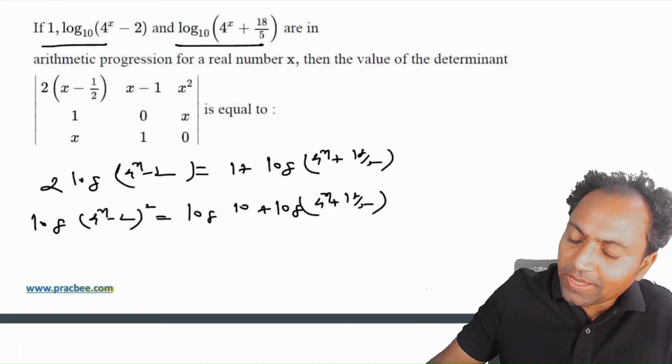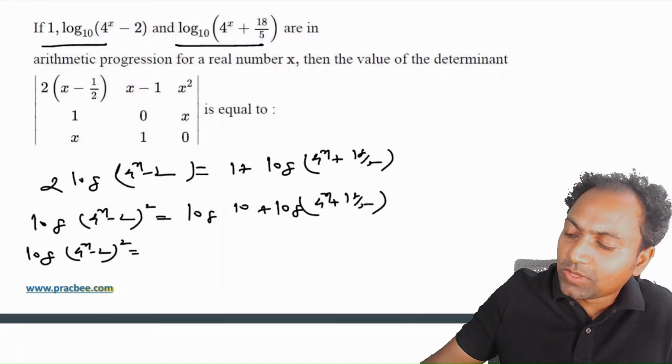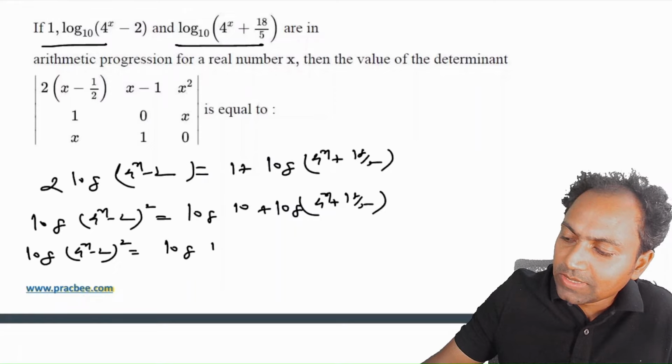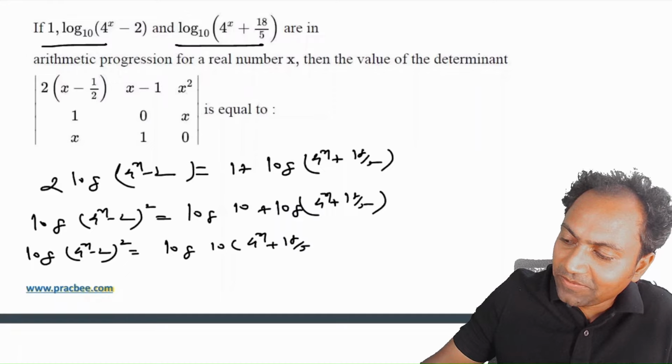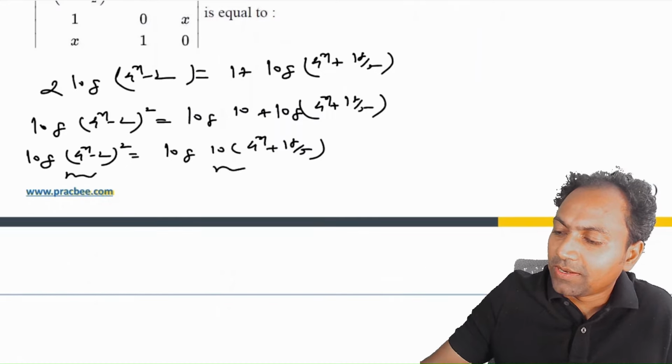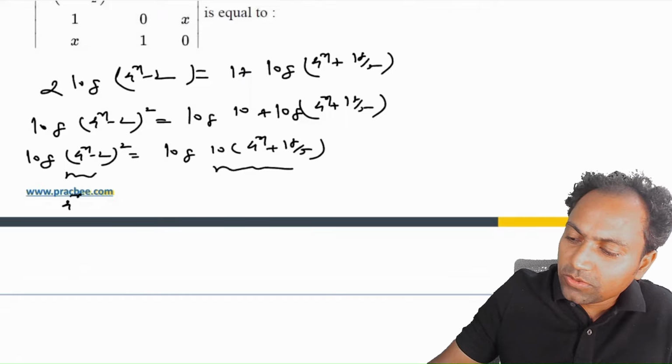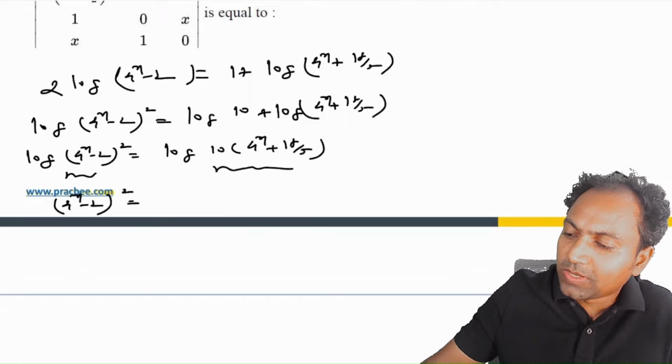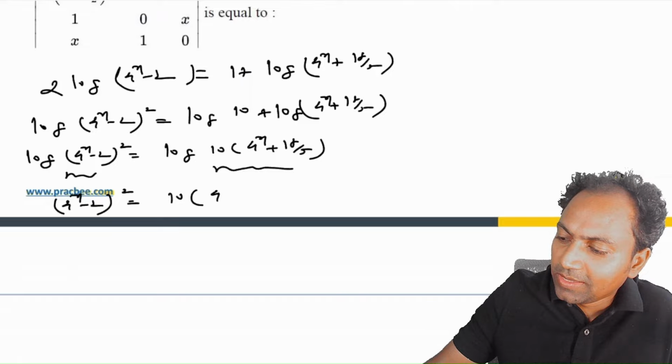If I simplify, the left hand side becomes (4 raised to the power x minus 2) whole square. And the right hand side becomes 10 times (4 raised to the power x plus 18 by 5). Now if you compare whatever is inside, what you get is (4 raised to the power x minus 2) whole square is equal to 10 into (4 raised to the power x plus 18 by 5).